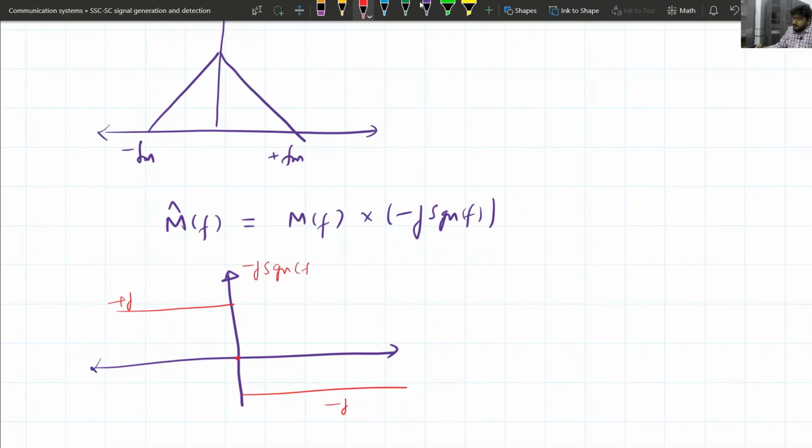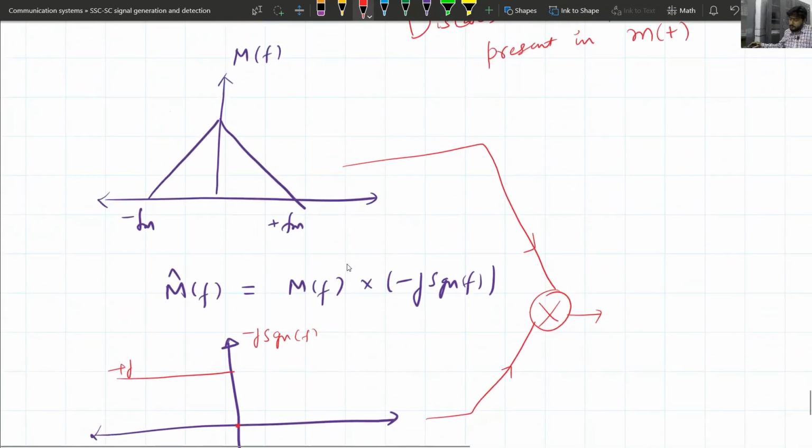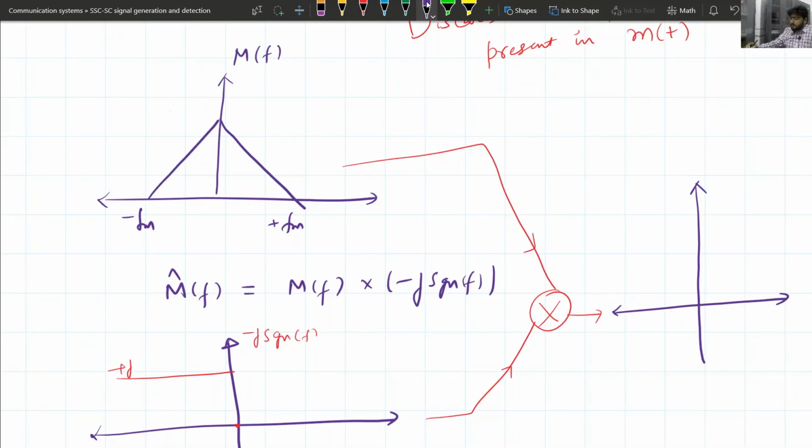All you have to do is simply multiply these two signals, take the product of the signals, and we obtain the graph for the Hilbert transform of the message signal in the frequency domain.